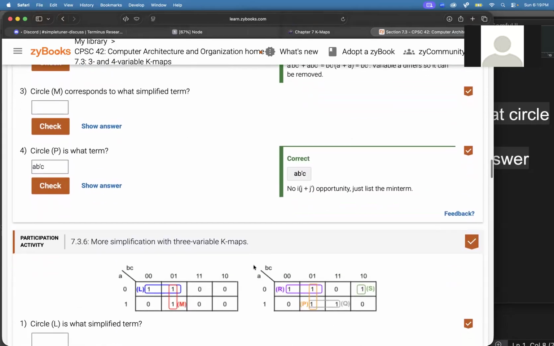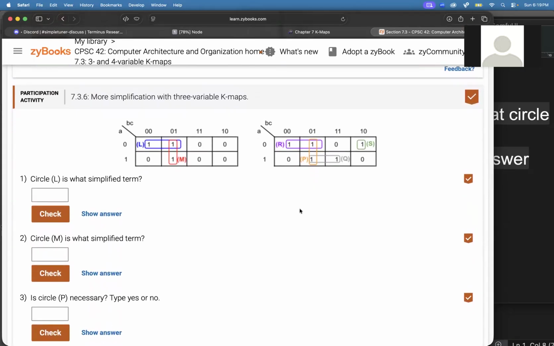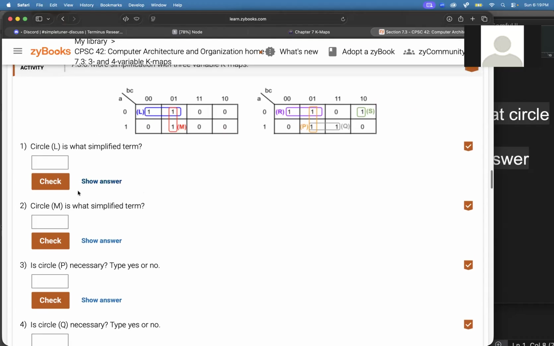All right. This is the same thing, so maybe I'm not going to do it all. Let's see here. Is circle P necessary?